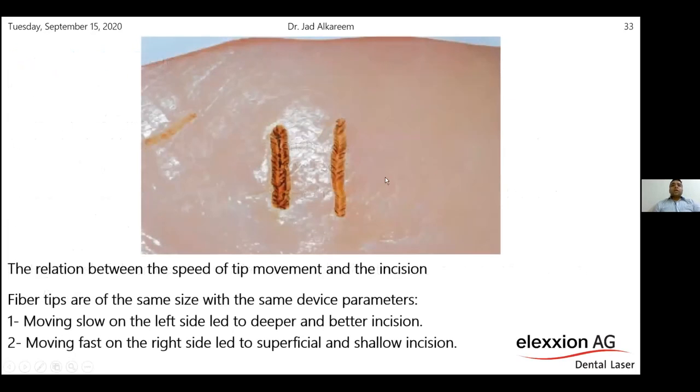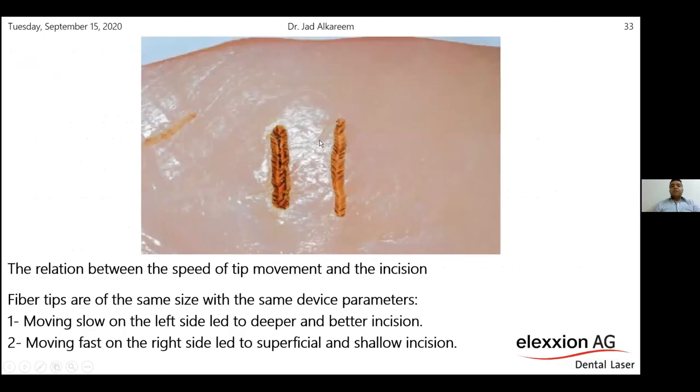In this picture, you can see on the left side, the application was slower, and you can see that the cut is deeper and has better incision lines, if you compare it with the cut on the right side, which is a little bit shallow and superficial.